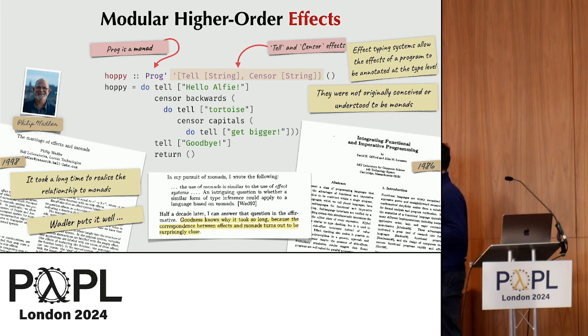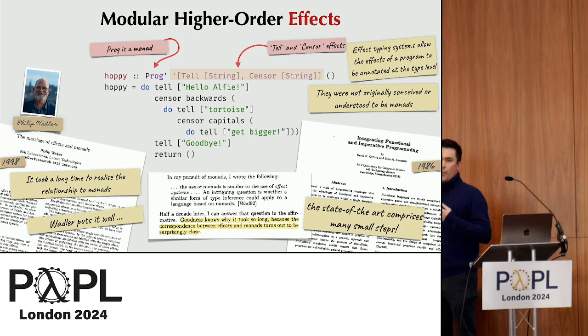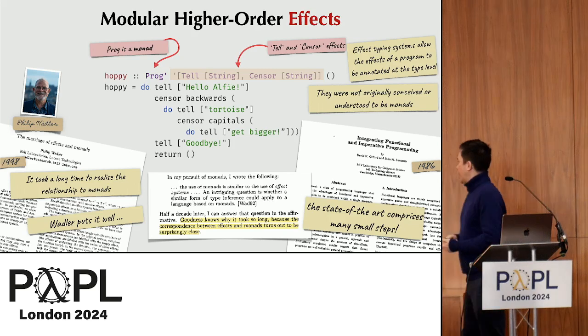So the point I'm trying to make here is that the state of the art comprises many small steps where the obvious might be right in front of you, but it could take a long time before it's discovered by the community. What I'm observing here is, over the period of many years, lots and lots of small contributions all leading towards a much larger picture.